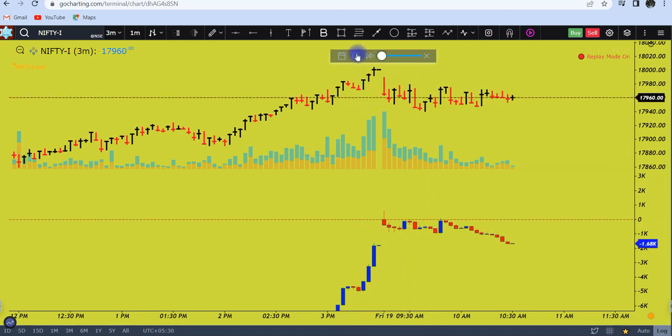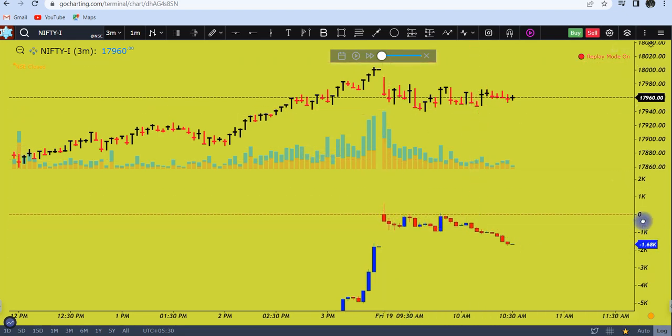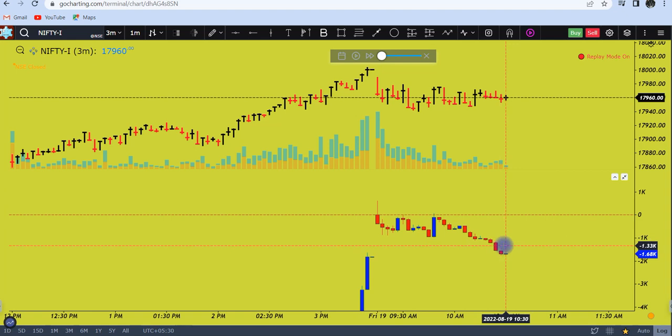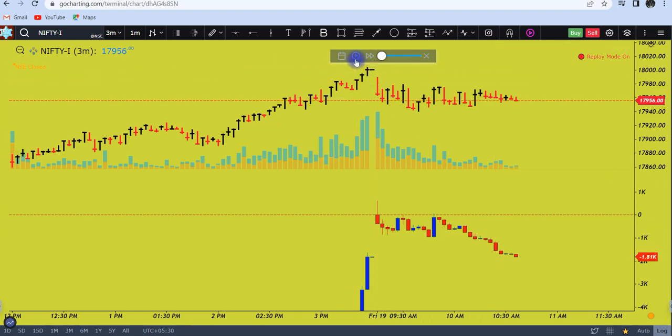There you go, see, this is where I get interested. The delta is continuously increasing, and look at the price, it's not moving. Now I am not inclined towards absorption at this point, because the delta is just not stopping. Someone is really hell-bent upon selling as much as he can today. Keep looking.